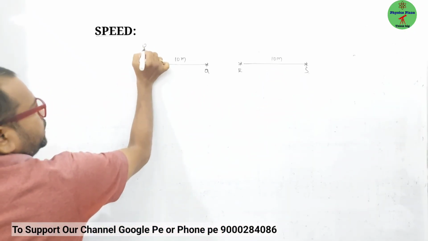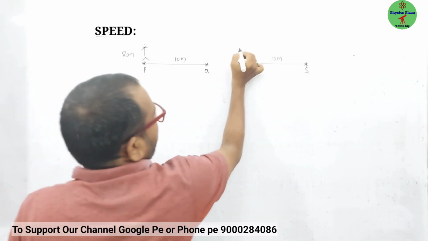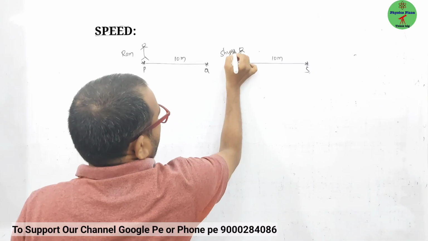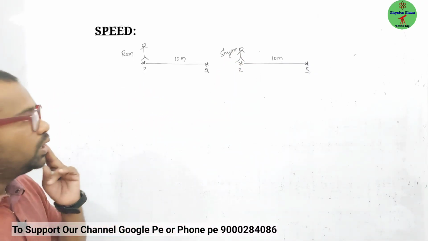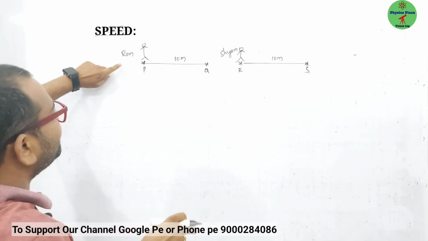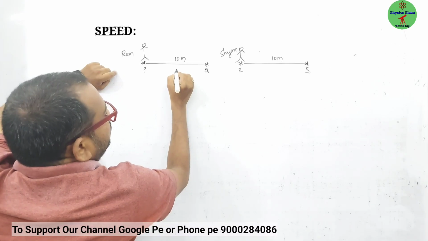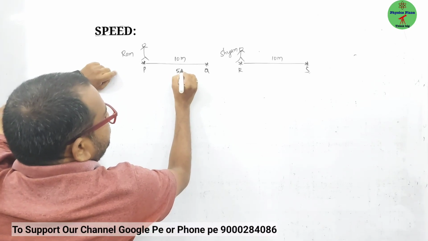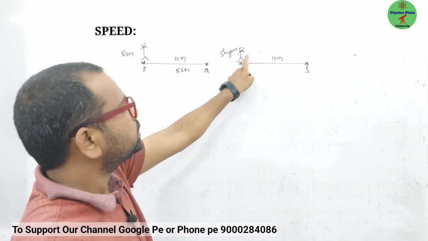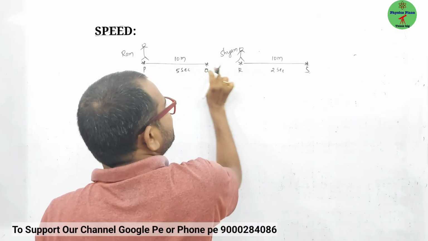Let us say here is one person named Ram, and here is one more person, Shyam. Now Ram takes, for example, 5 seconds to go from point P to point Q, whereas Shyam takes 2 seconds to cover the same distance.